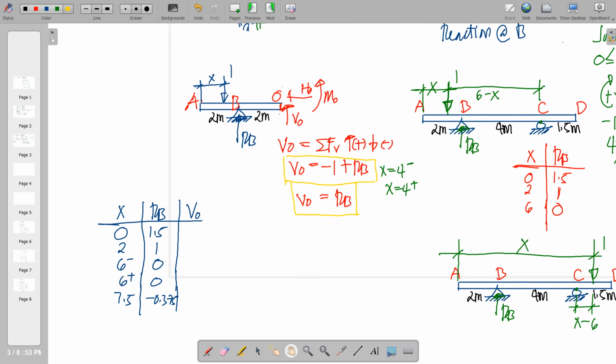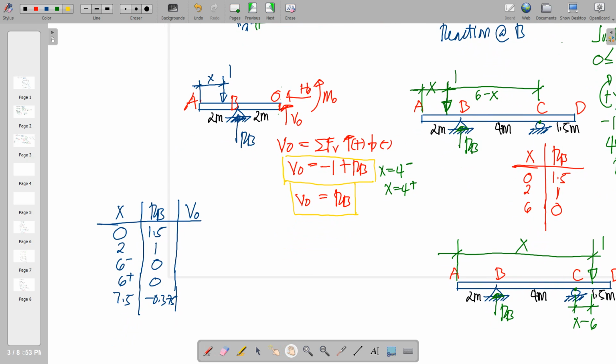So if we are going to tabulate x equal to 0, we are going to use this equation. Okay? Because 1 is still present in your section. So negative 1 plus 1.5, the RB here, is 0.5, or negative 1 plus RB, that is positive 0.5.